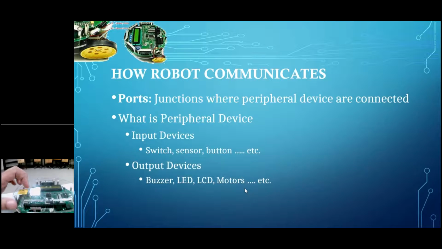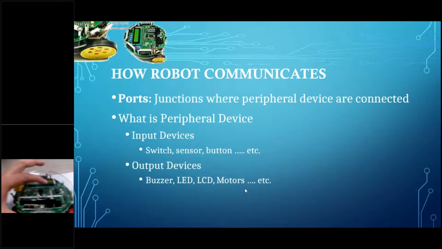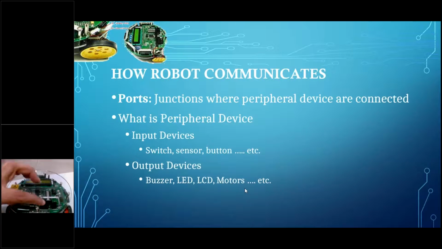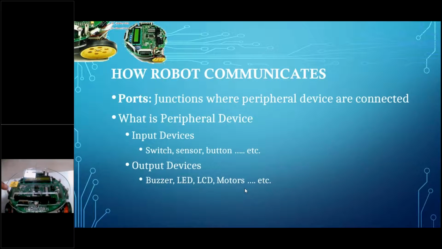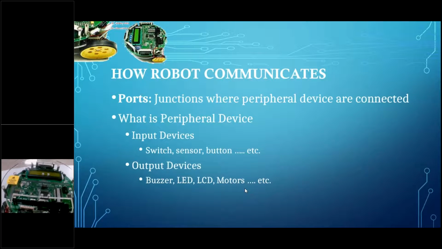Okay. This complete chip is your Atmega 2560 chip, which is available on this. And here you can see these LED lights are connected to this. This LCD is connected to this. The buttons are connected to this. There is some input board connector connected to this.